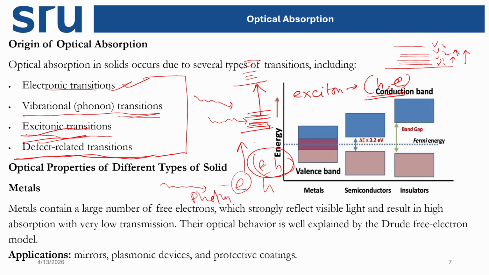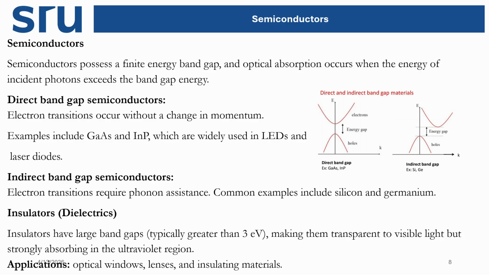These are the processes or changes at the molecular level that can happen inside the materials. By understanding these processes, we can get to know the applications of the materials, whether they can be used for protective coating, plasma devices, mirrors, and so on.